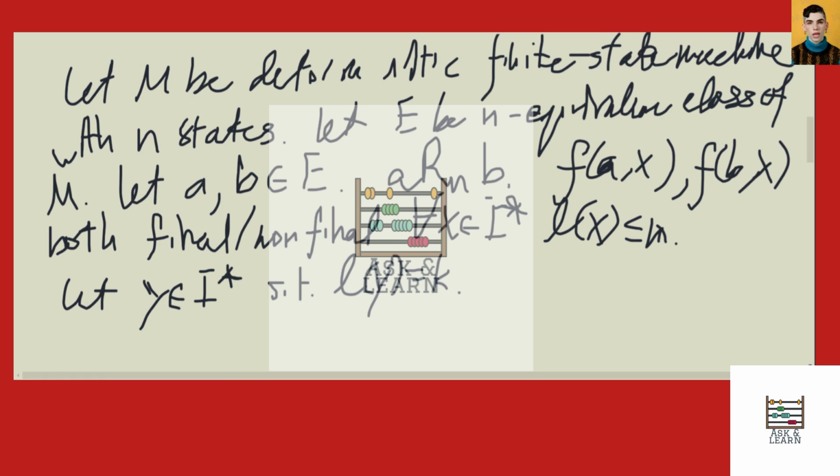So if y is a string of length at most n, that is, k is less than or equal to n, then we already know that f of ay and f of by are both final states or are both not final states. So instead, let's assume that the string is of length k greater than n.